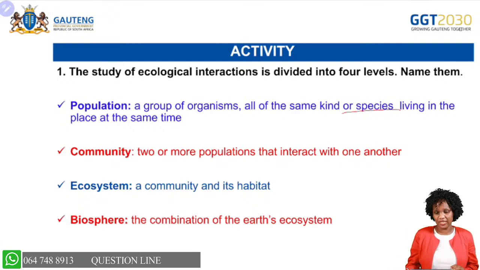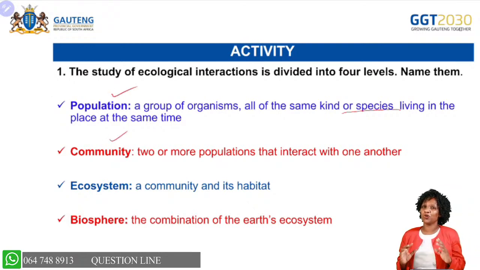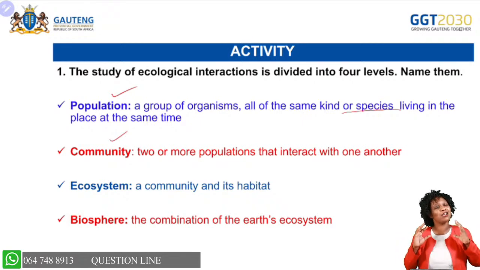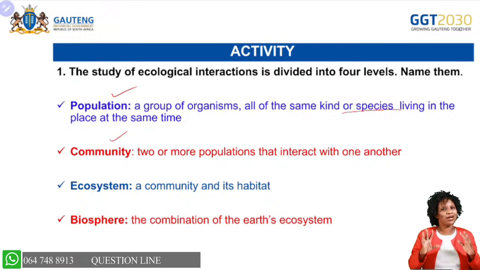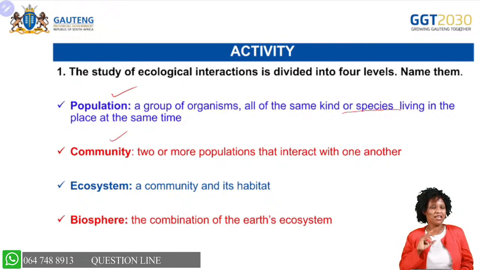And then we've got another interaction level. We've got community. This is population. We've got community. When we are talking about a community, we are talking about different populations. We are talking about different animals in the same environment.